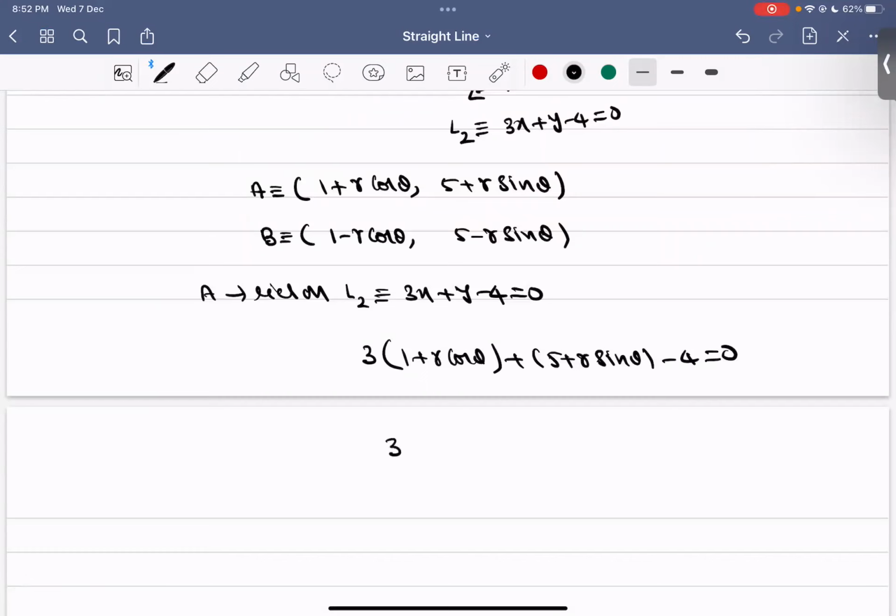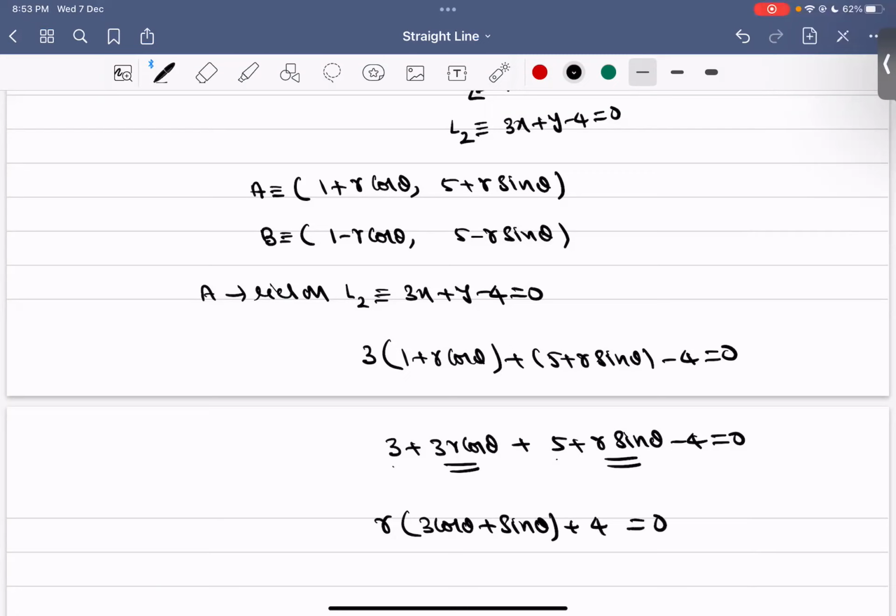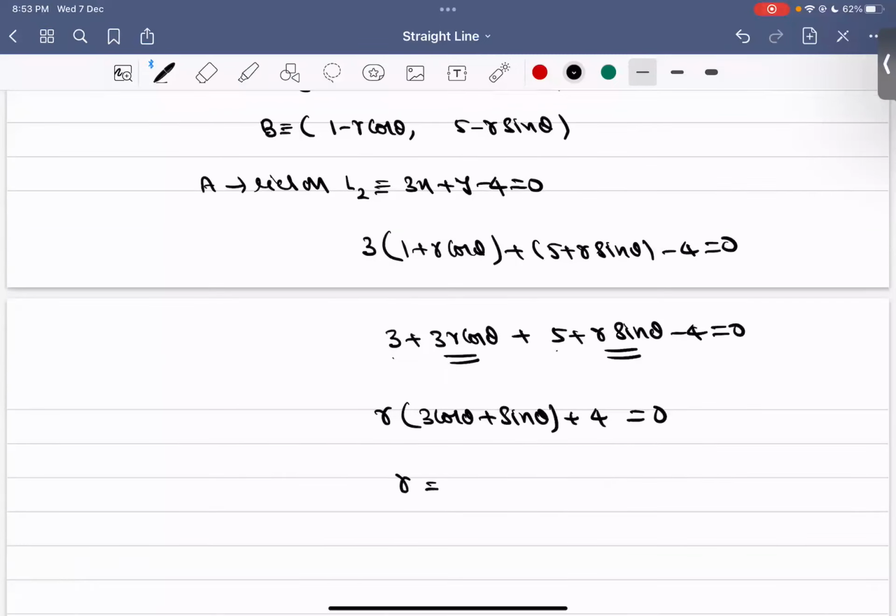From this, 3 plus 3r cos theta plus 5 plus r sin theta minus 4 is equal to 0. From these two terms, take out r common. Therefore r into 3 cos theta plus sin theta, plus 5 plus 3, 8 minus 4, that is 4, is equal to 0. Now isolate r, then you get r is equal to minus 4 by 3 cos theta plus sin theta. Give this number 1.